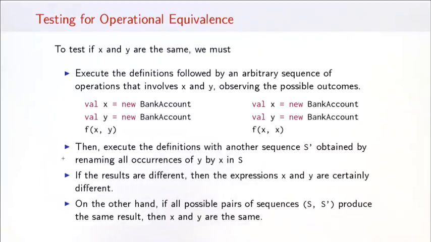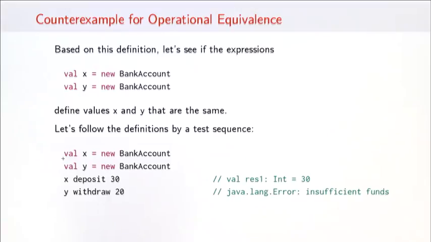Let's put it to a test in our bank accounts example. So we start with the expressions, let x be a bank account and y be a bank account. And let's see whether they define values that are the same. Here's our test sequence. We deposit 30 units into x and withdraw 20 units from y. What do we get?